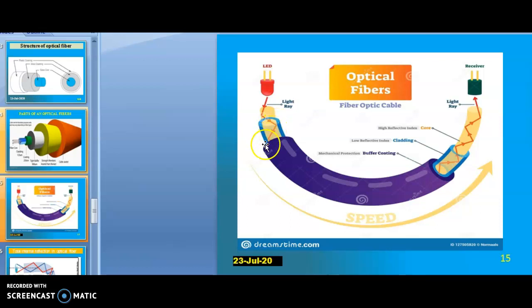So the light ray, as it moves from one end to the other end of the optical fiber, undergoes total internal reflection many times. Hence, here we have the receiver, so that I can receive the signal sent from the other end.